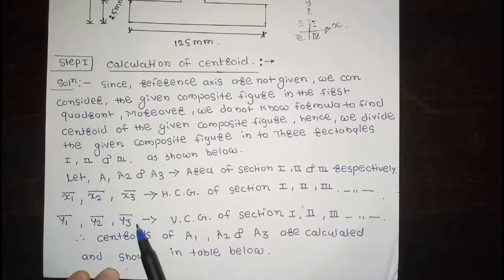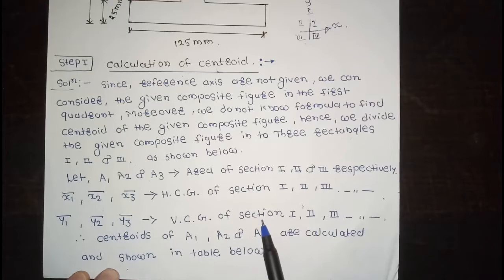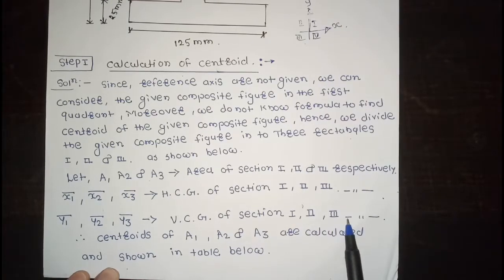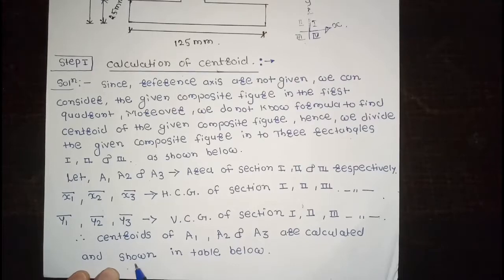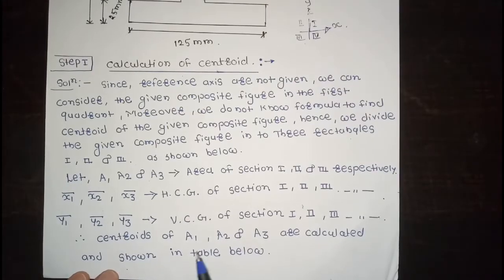Y1 bar, Y2 bar and Y3 bar are the vertical centroidal distances of sections first, second and third respectively. Centroids of A1, A2 and A3 are calculated and shown in the table below.